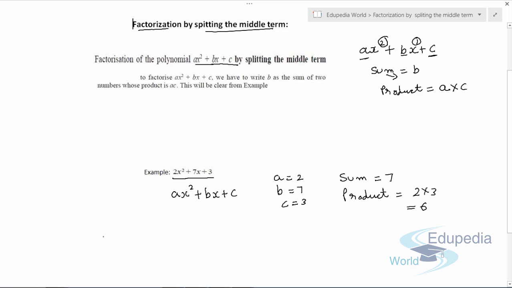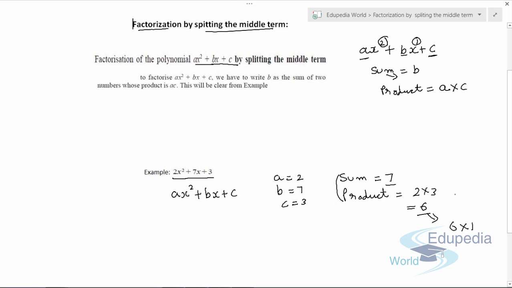Now the next step is we have to break 6 such that the product is 6 and the sum is 7. So how can you do it? Suppose we break it into 6 and 1. It verifies both the sum and product.